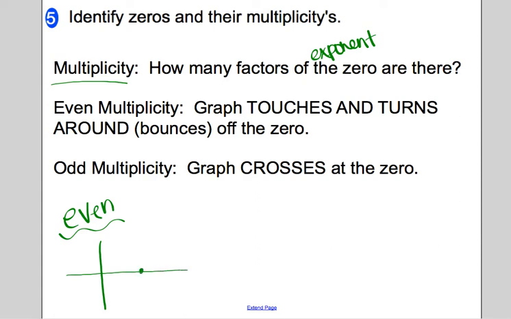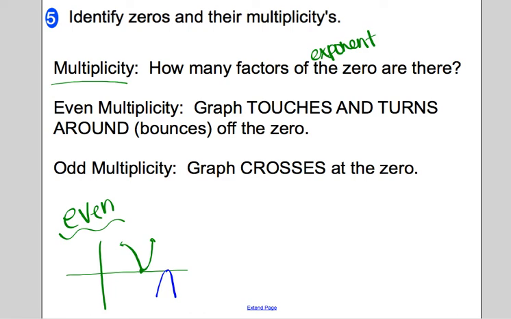So it's not going to cross the x-axis. It could also be coming from underneath, so it could also go this way and touch and bounce off. We don't know right now which way it's coming from, but we do know that if the multiplicity of that 0 is even, it's going to touch and bounce off.